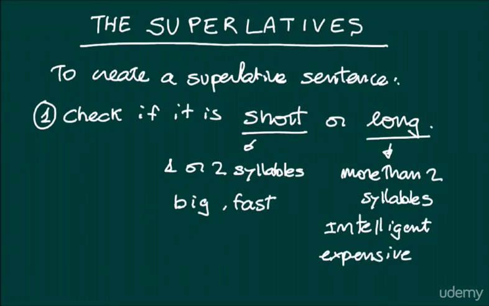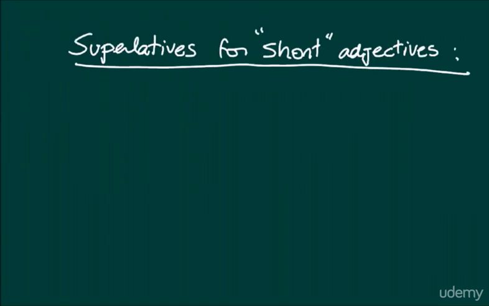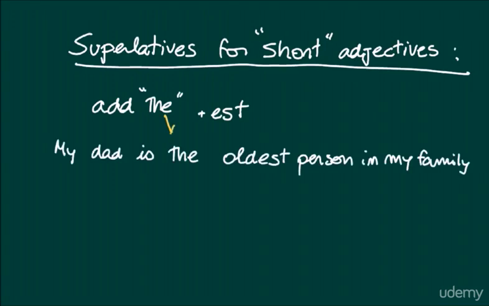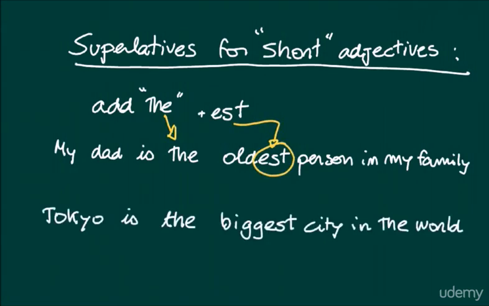For short adjectives, we create a superlative sentence by adding EST at the end of the adjective and the before the adjective. Look at the example. My dad is the oldest person in my family. Tokyo is the biggest city in the world.